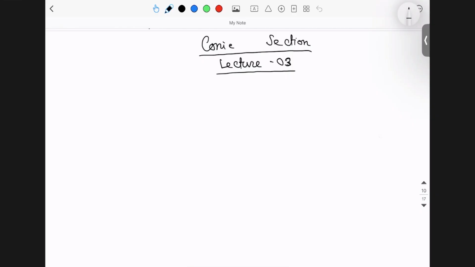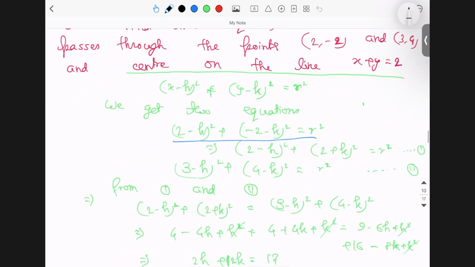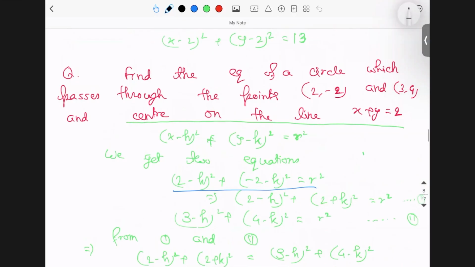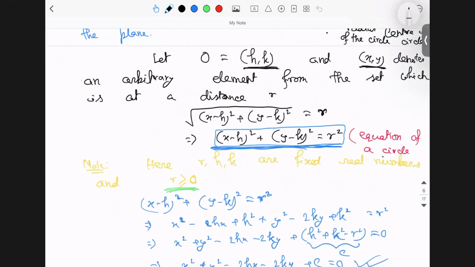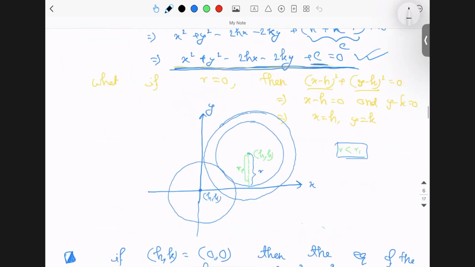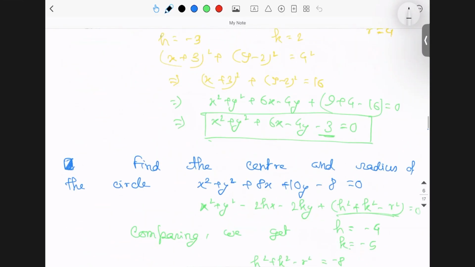So, in the last classes, we have discussed circle, which is a conic section. After that, we discussed how we can get the equation of a circle. Then we discussed a few examples with the center at some origin, when a circle is passing through some point, and how we can deduce the equation of a circle from the given information.